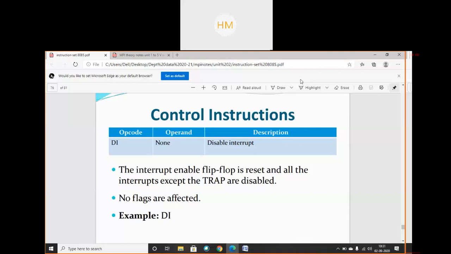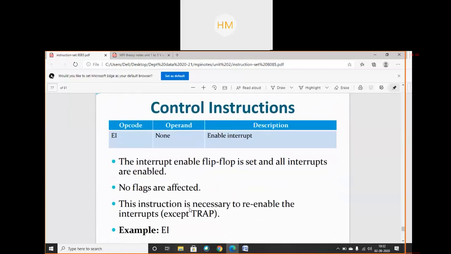This instruction resets the interrupt enable flip-flop to disable all the interrupts, but it disables all interrupts except trap, because trap is a non-maskable interrupt. That means it cannot be disabled. It is always enabled. Clear? Rest your RST interrupts will be disabled. No flags are affected. DI.